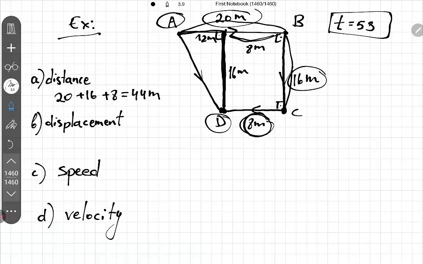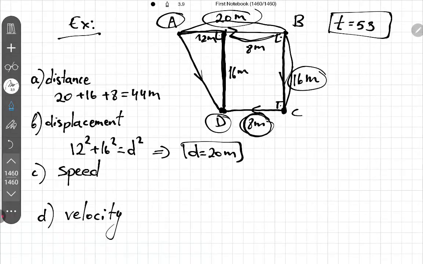So we will use the Pythagorean theorem to find out the displacement from A to D. Let's use it. 12 squared plus 16 squared equals D squared. And D equals 20 meters. So the displacement is 20 meters.